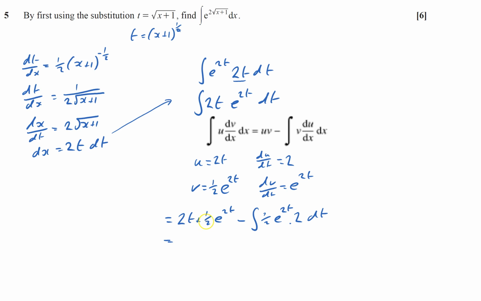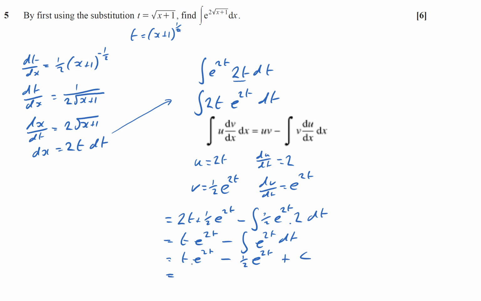So that equals, the 2 disappears, so that'll be t times e to the 2t minus the integral of e to the 2t with respect to t. The 2 and a half cancel out. That equals t e to the 2t minus, integrating that is going to be a half e to the 2t. That's done that bit, plus c, don't forget the plus c.